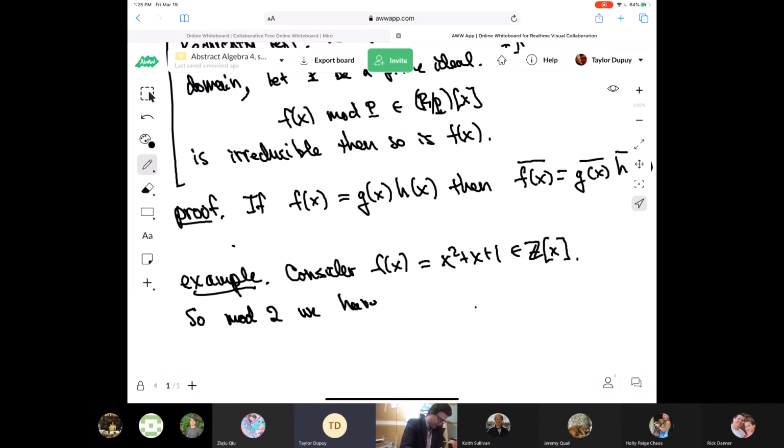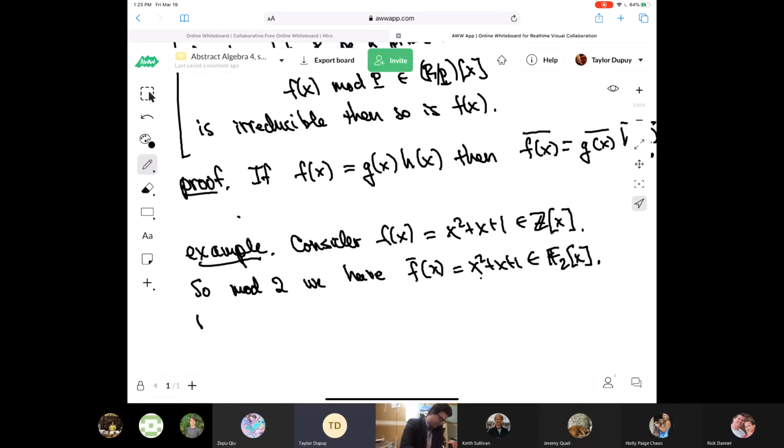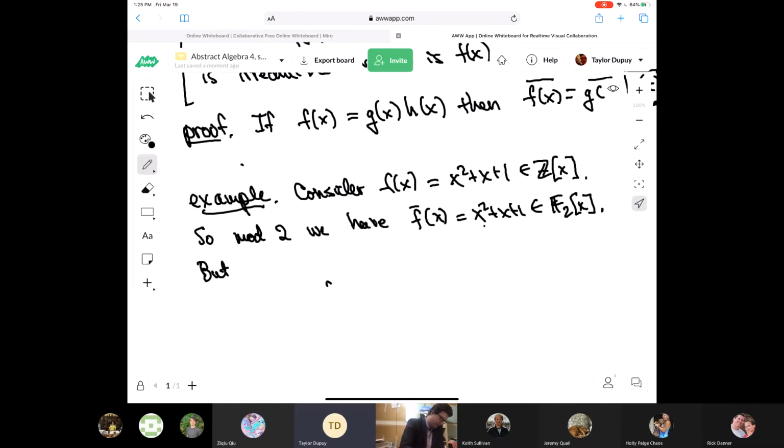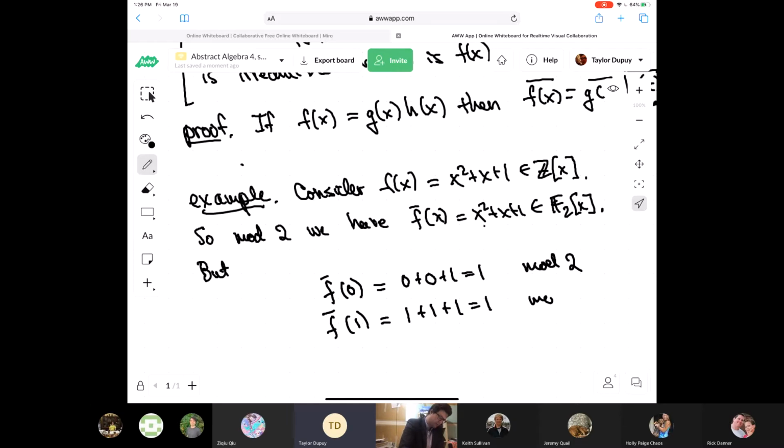So we have f bar of x, which is x squared plus x plus 1, in F2[x]. So we reduce the coefficients mod p. We have that f bar of 0 is 0 plus 0 plus 1, which is 1. And f bar of 1 is 1 plus 1 plus 1, which is 1 mod 2.